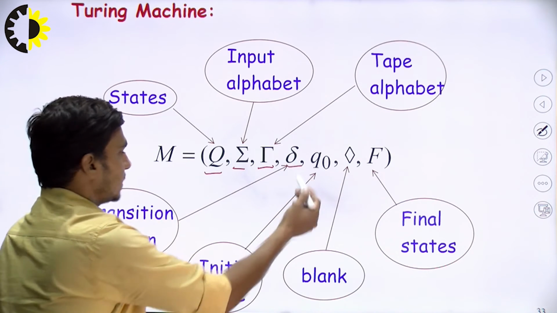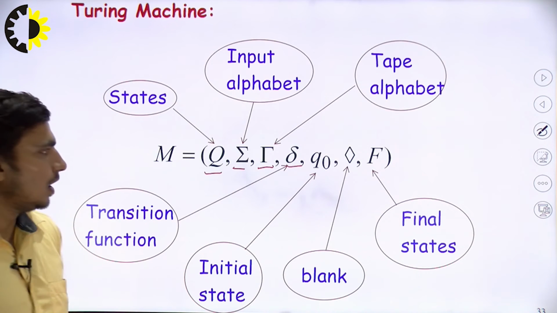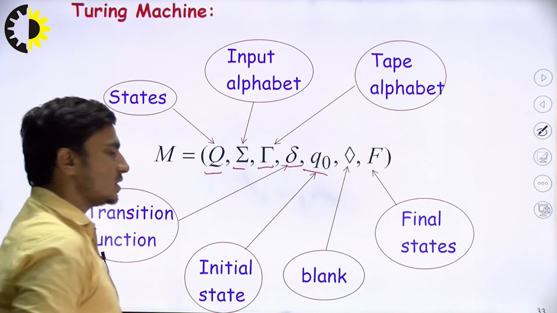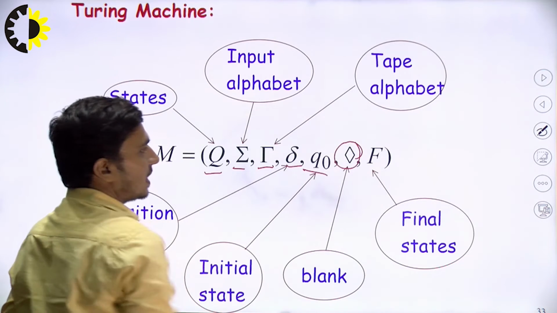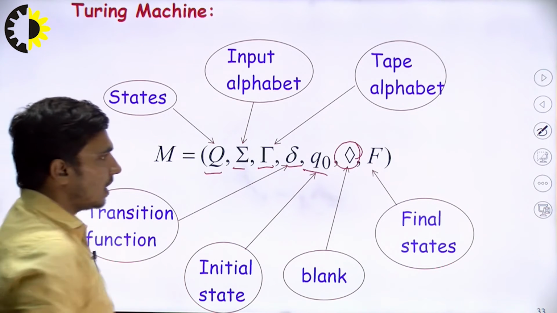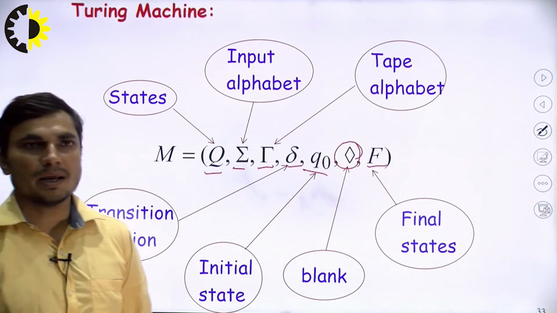Then delta is the transition function, which represents the transitions. Then Q0 is the initial state of the machine, this symbol is the blank symbol or blank space, and F is the set of final states.